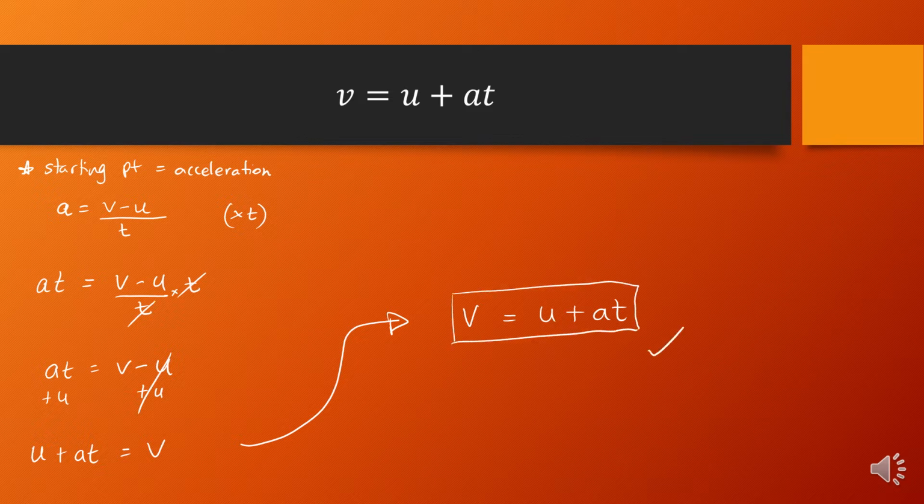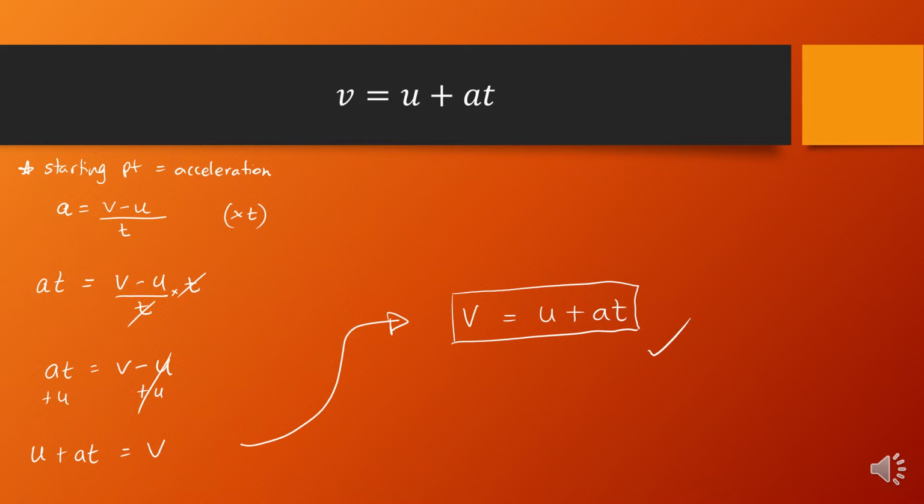Okay, so again, key point is to remember, commit to memory your starting point for each derivation. Let logic bring you through. Keep an eye on what you need your final equation to come out like, and just manipulate it to make it look like that.